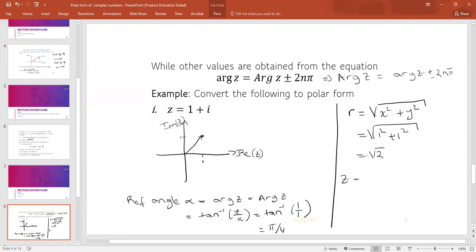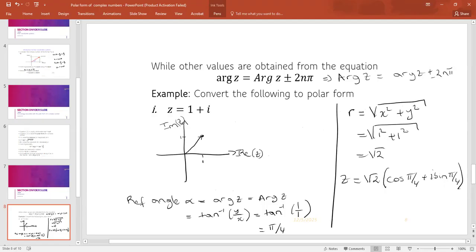Therefore, z is indeed square root of 2 times cosine of pi over 4 plus i sine pi over 4. And that is it. As simple as that. So for a complex number in the first quadrant, it is straightforward, no complications.